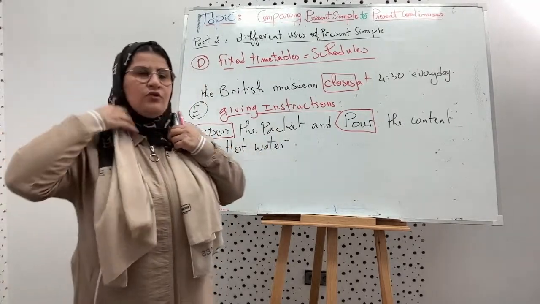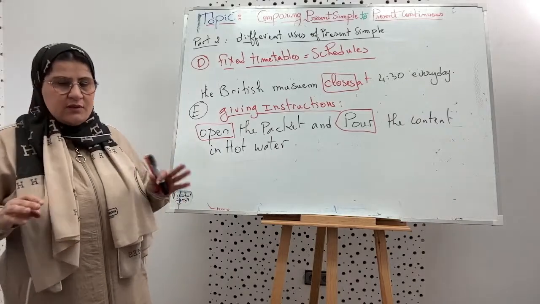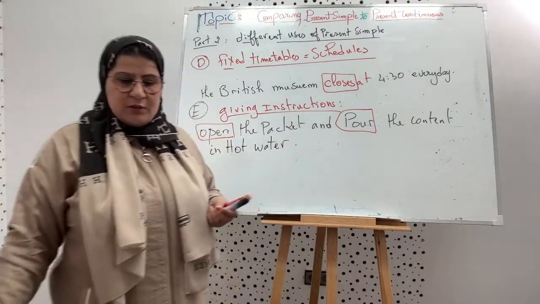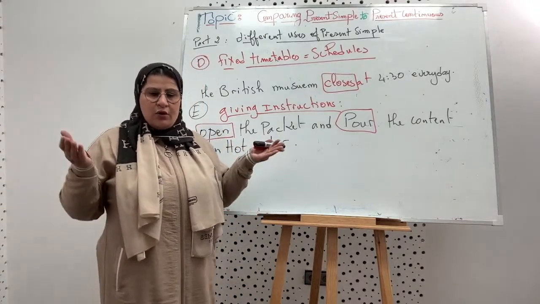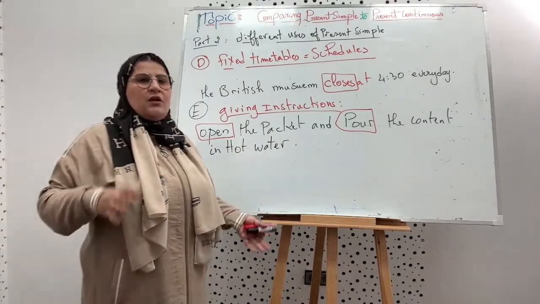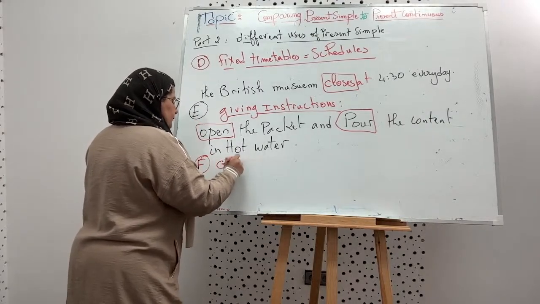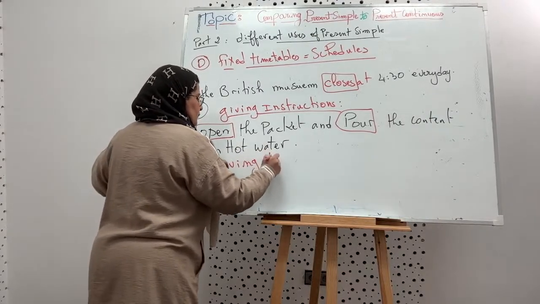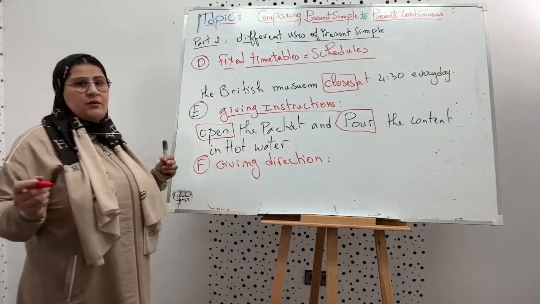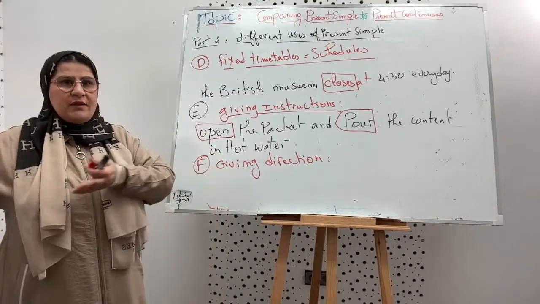Finally, when we want to give directions, giving directions is always used with the present simple tense. For example, when we say you walk 200 meters, then you turn left or you turn right. So we're giving directions also. If I'm lost, I can ask you to show me the way. You say, please, can you show me the way to the bus station?